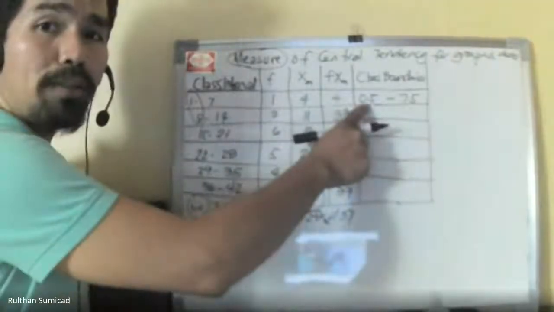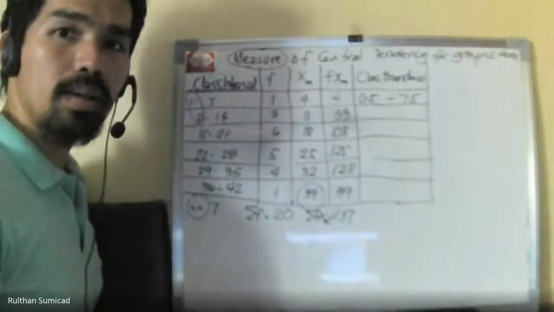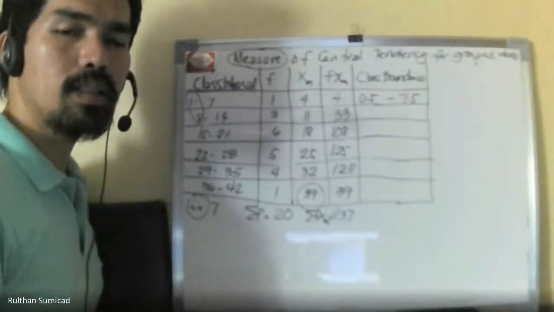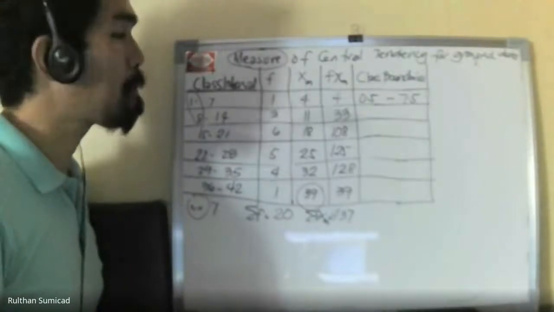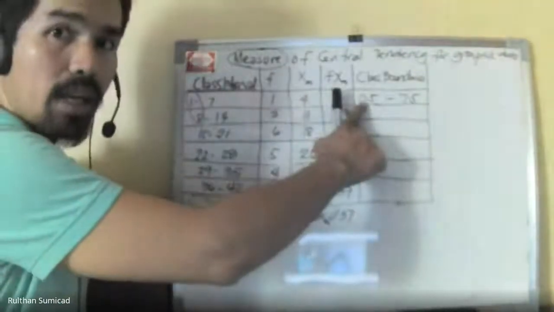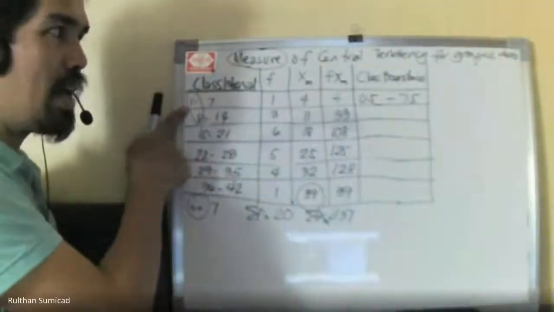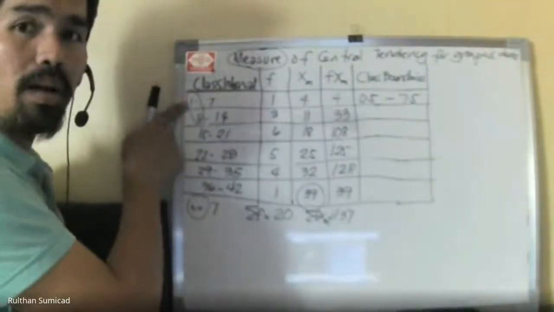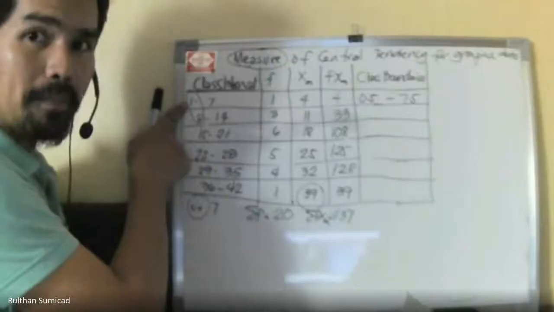How did we get the 0.5? Anyone? Lower boundary of 1? No, it's not lower boundary of 1, but to get the lower boundary of the first class interval, the lower limit of that interval, which is 1, minus 0.5.